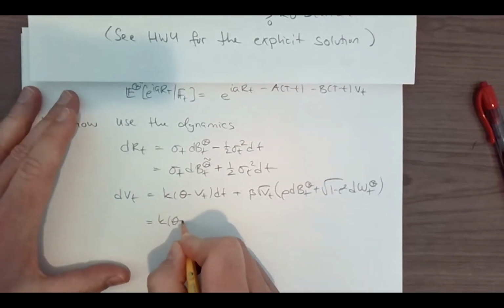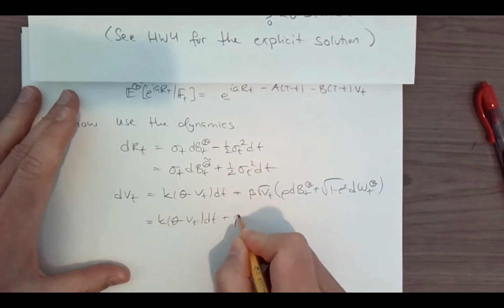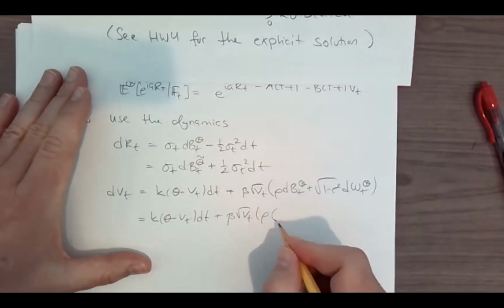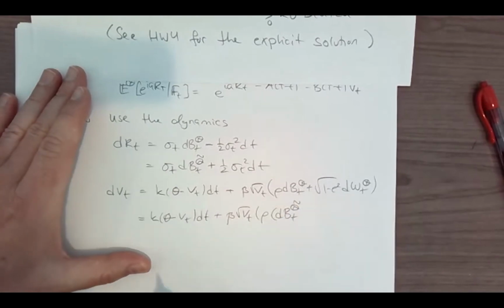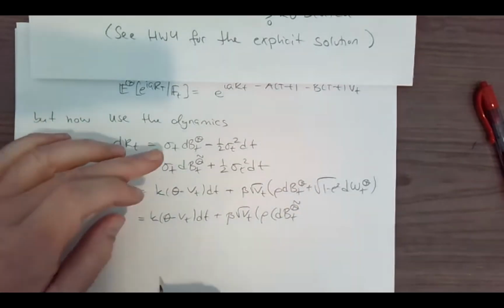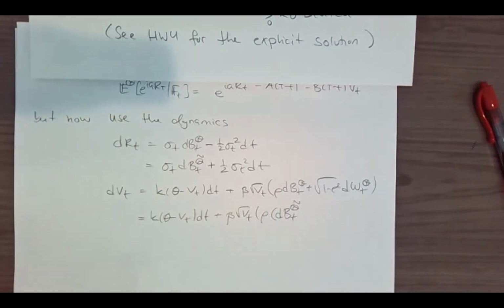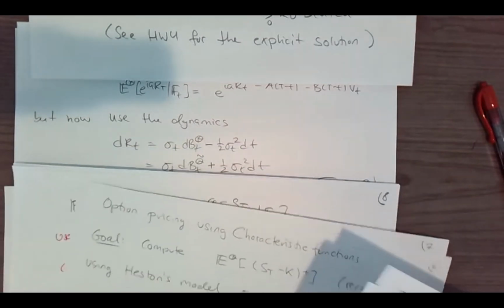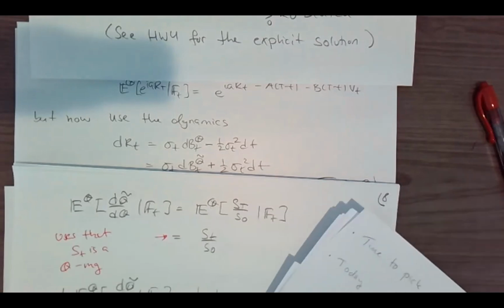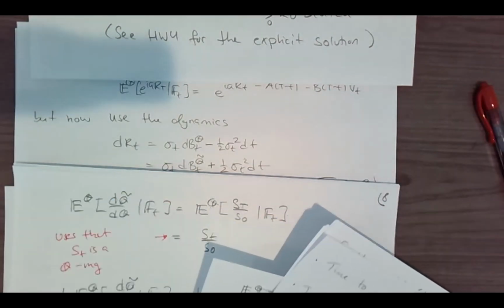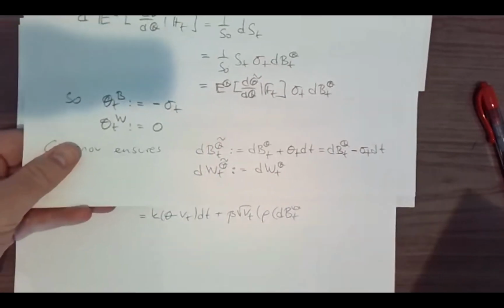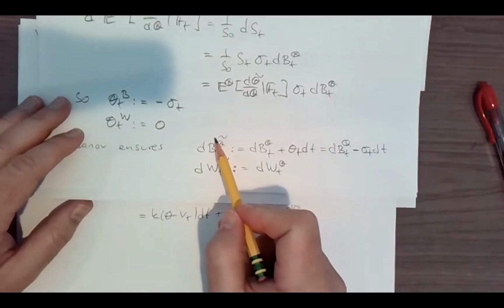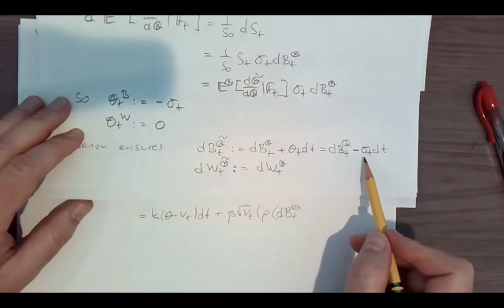So let me write it out. We have the first part, right, and then you get rho, but instead of that Brownian motion, we need the other one. And then we need to remember the connection between the two, so we flip back to when we had Girsanov's theorem. Girsanov's theorem says that the old one is equal to the new one plus sigma_t.